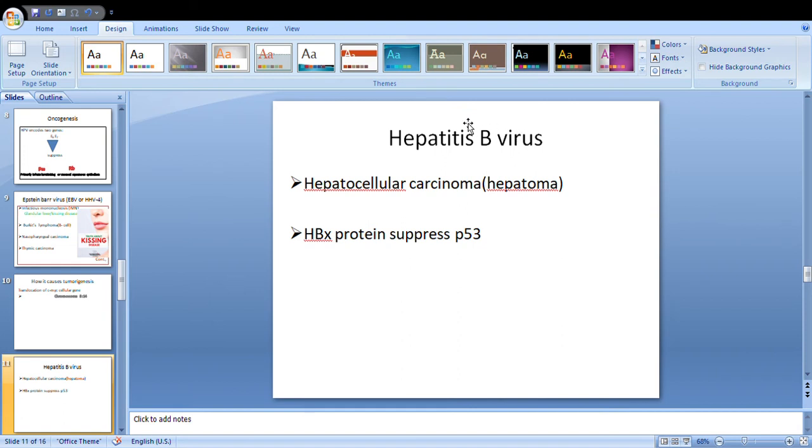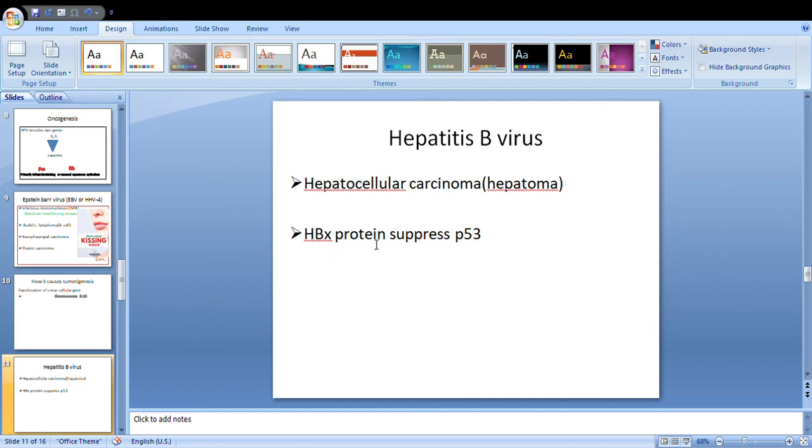Hepatitis B virus is a DNA virus, and it causes hepatocellular carcinoma, previously known as hepatoma.